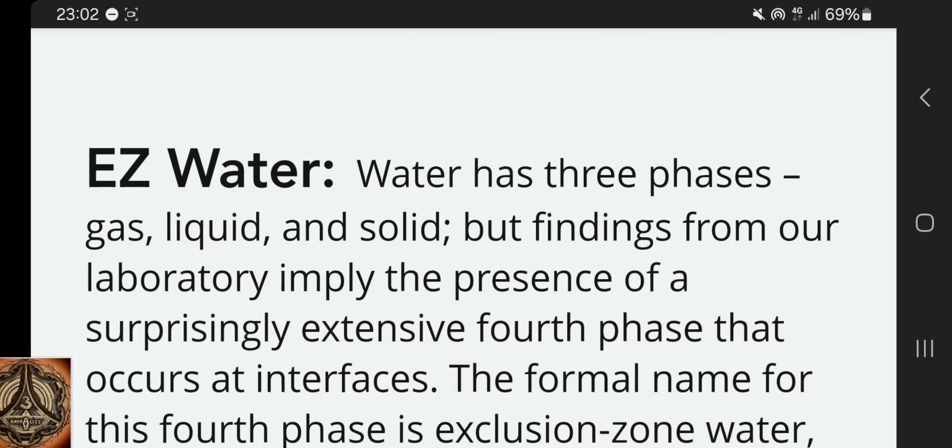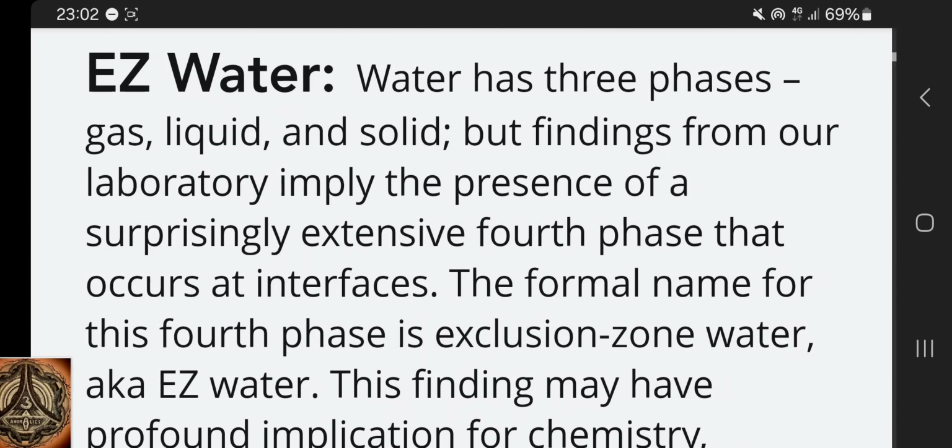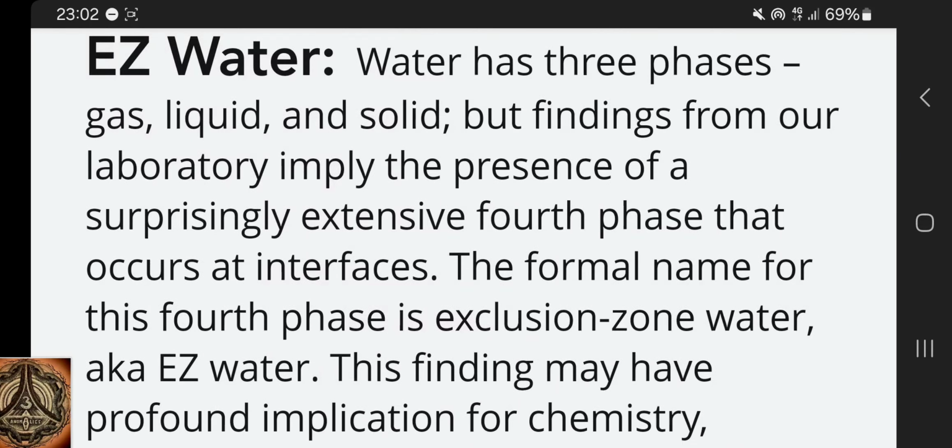But anyway, yeah, that's actually a very important point to understand. Actually, it's much more important than just a side note. It's a very profound thing to understand that all the water in us is in EZ water state. At least.